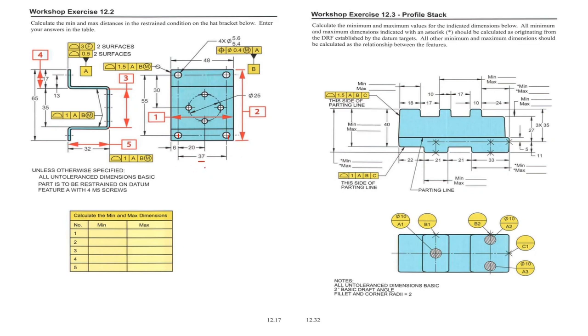So 12 plus 37, and the profile tolerance is given here, which is 1.5, with the same maximum material boundaries with datum B, and datum B is the position of this hole here. So it's an all around profile tolerance, which is 1.5. So it means 37 plus 6 plus 6 minus 1.5 for the minimum value, and the minimum we get is 47.5.